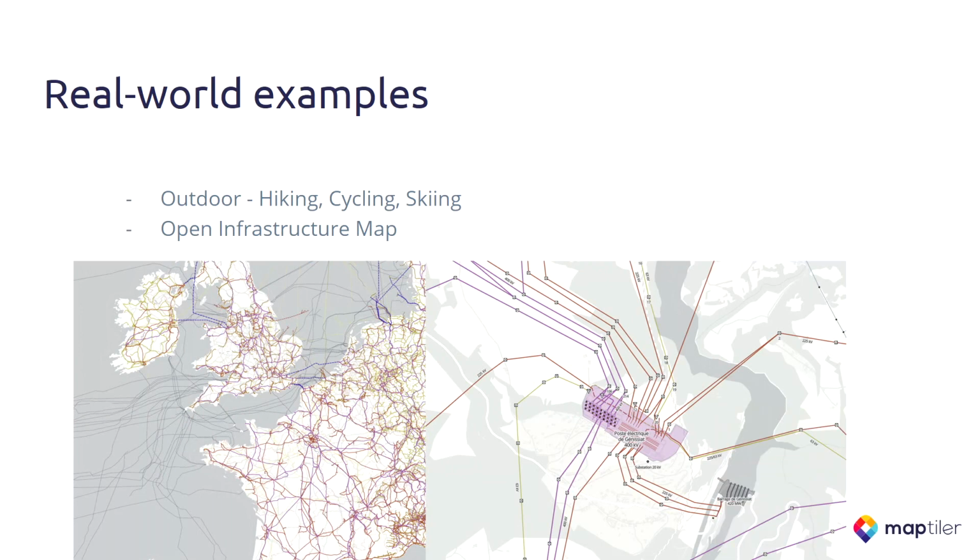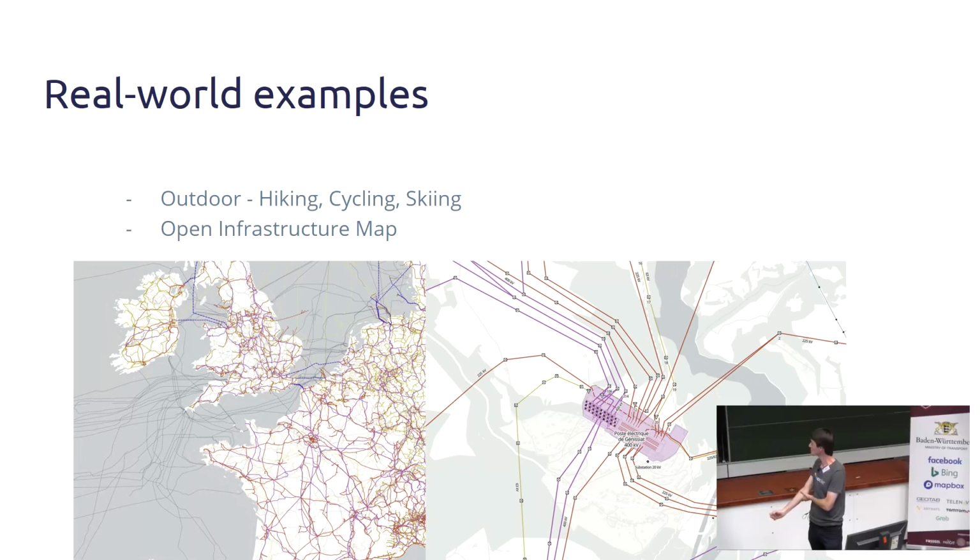This is not done by us, unfortunately, but it's really beautiful. For those who don't know, this is Open Infrastructure Map. And they are using it for showing all the electric infrastructure and so on.